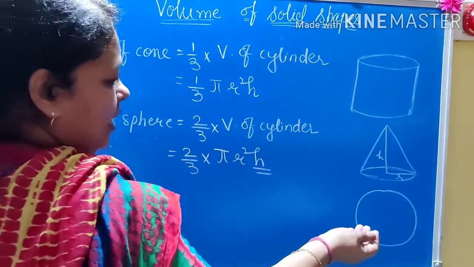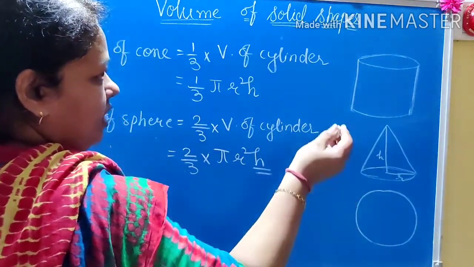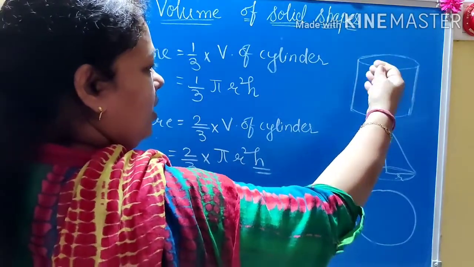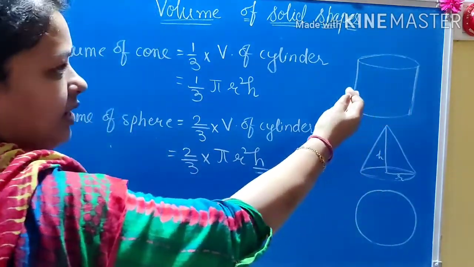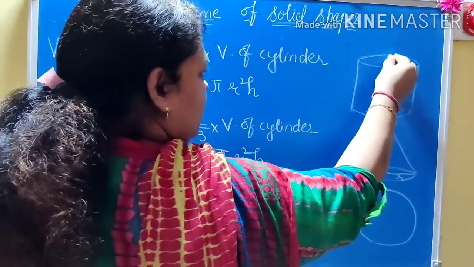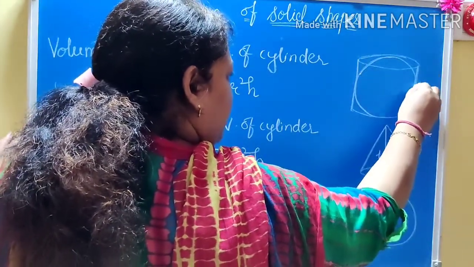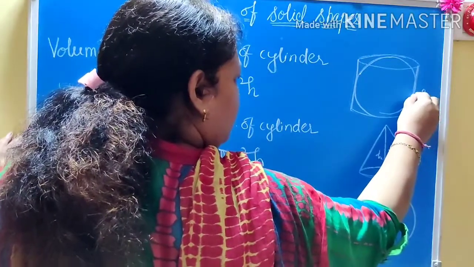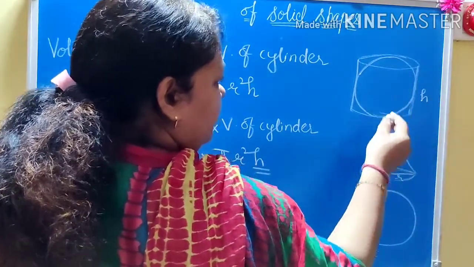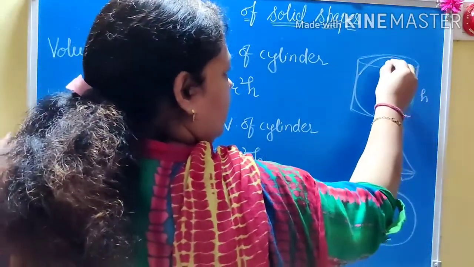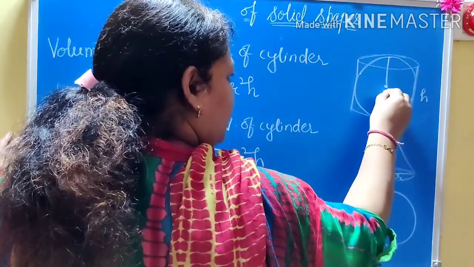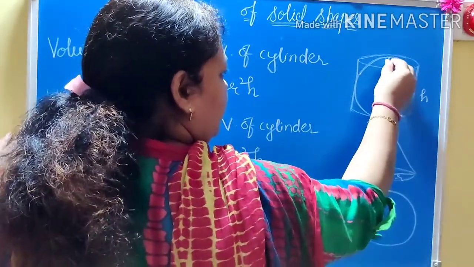Now we have taken the sphere which can be enclosed completely by that cylinder. Here, this is the height of the cylinder, h. Now this height is twice the radius, this is the radius of the sphere.